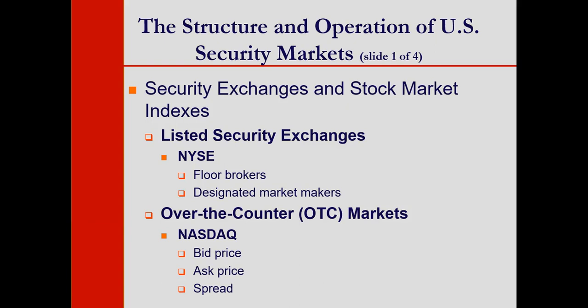This OTC market is basically multiple market makers who are connected through the internet, and there they are dealing, there they are trading. No specific floor for those kind of stock exchanges. Okay.